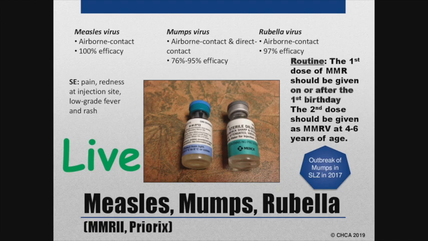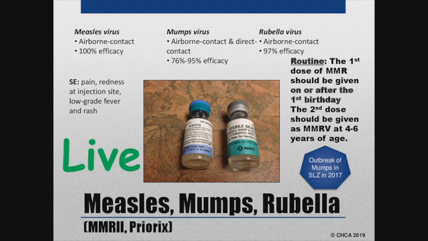Measles is contracted through airborne contact. Mumps has about 76 to 95% efficacy and is spread through airborne or direct contact. Rubella has about 97% efficacy, and is contracted through airborne contact.